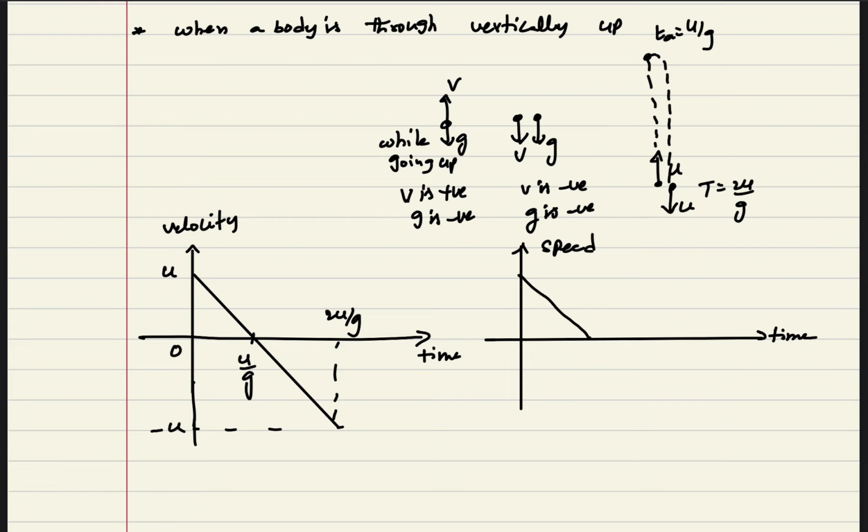Now the speed graph: at t is equal to 0, it is u, at the time of ascent u by g it reaches 0, and again it comes back. Why? Because speed can never be negative. So kindly observe this.